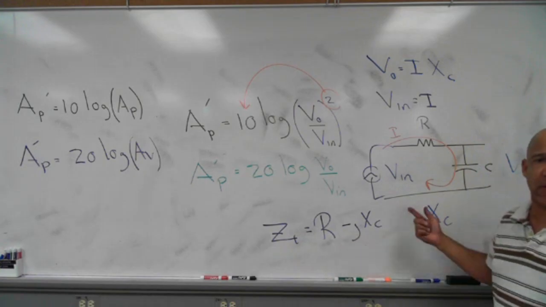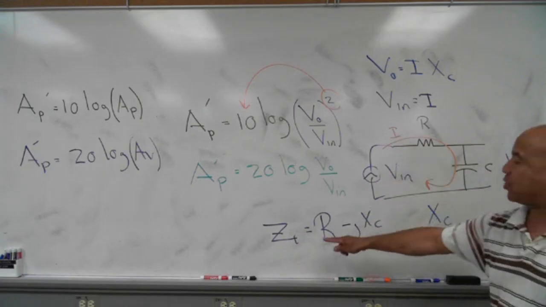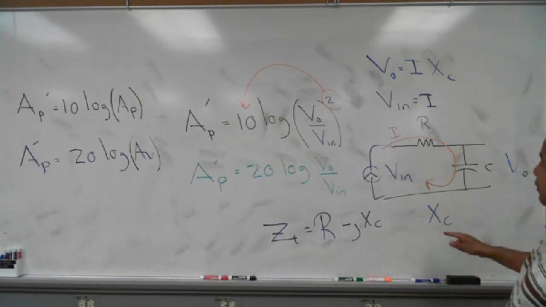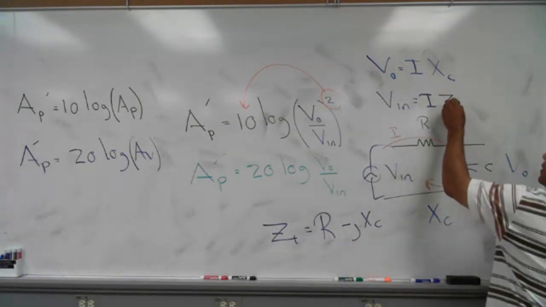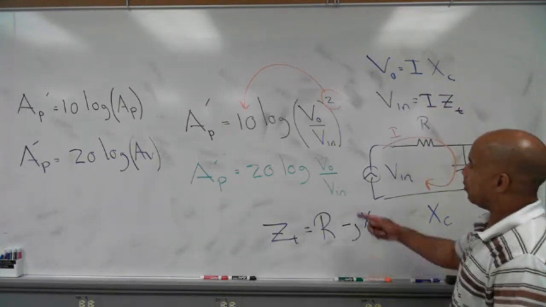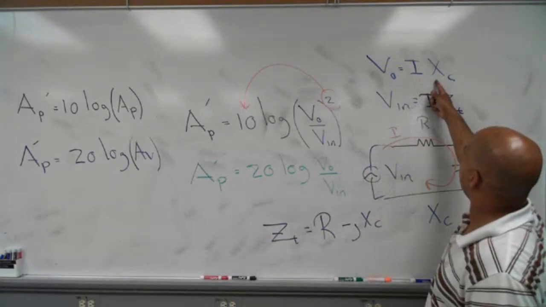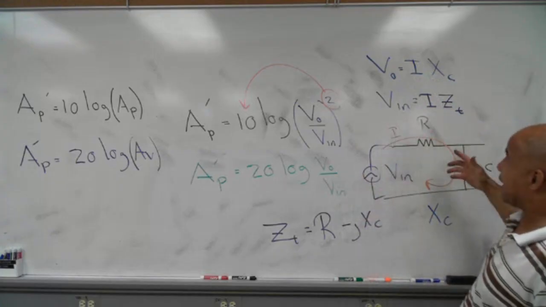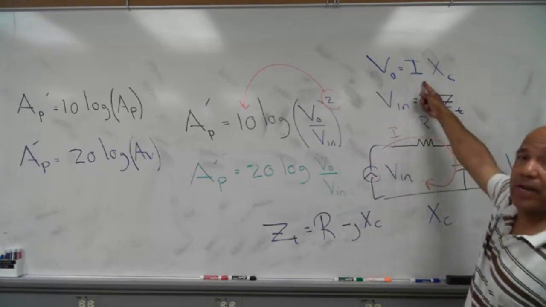I can show that in polar form or rectangular form, it doesn't matter. Either way, the current times the total impedance will give me V in. This will be I times ZT. Well, if V out is equal to I times XC, and V in is equal to I times ZT, what I can do is substitute for V out and V in what they're equal to.